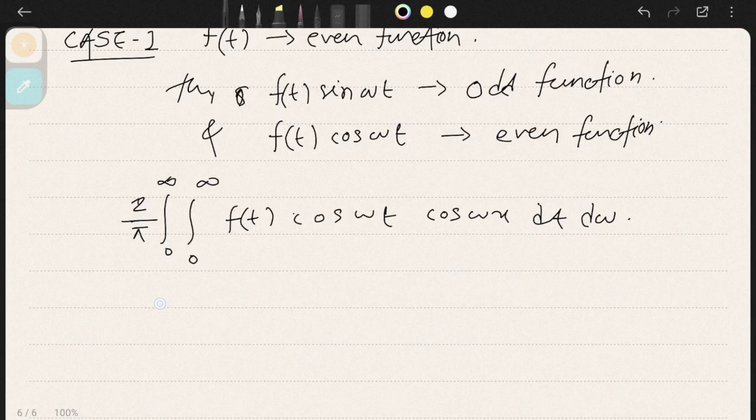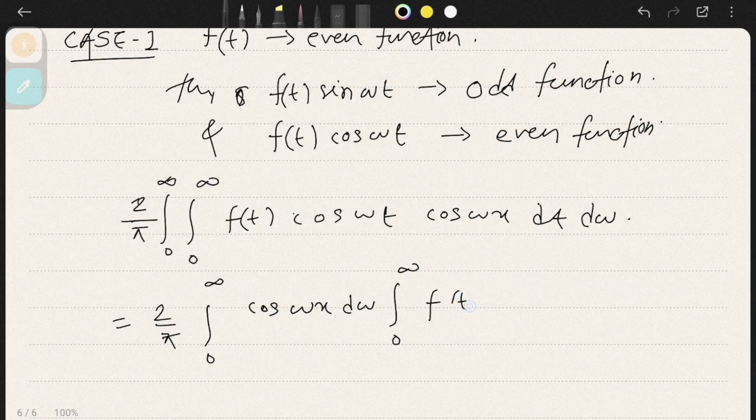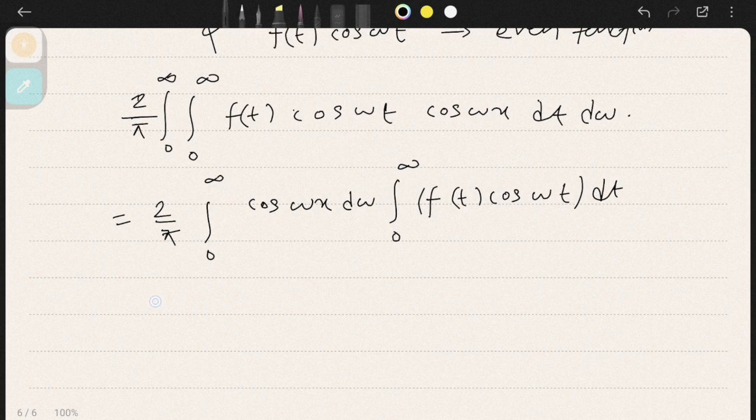You can also write it like this: 2 by pi, integral 0 to infinity of cos omega x, times the integral 0 to infinity of f(t) cos omega t dt, with d omega at the end, which is more correct. This is f(x). So this is the Fourier cosine integral.